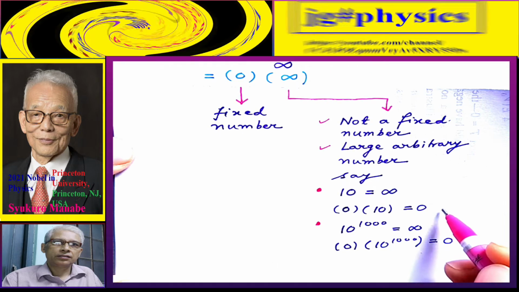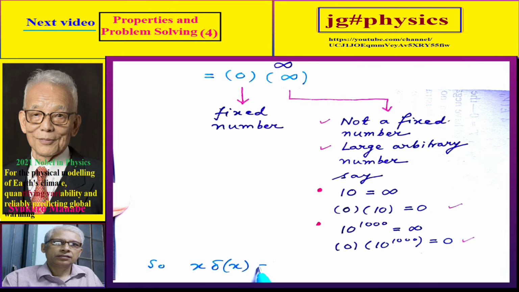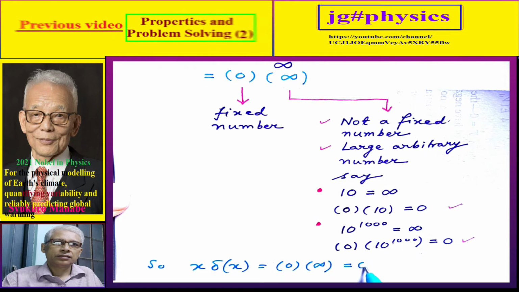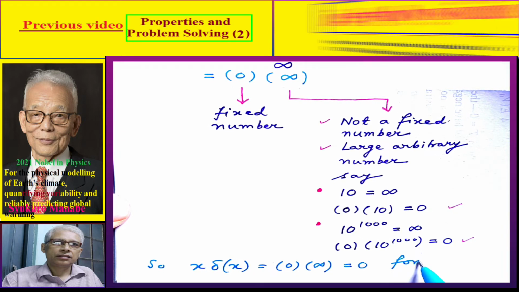So in both cases the product is 0, and therefore 0 into infinity is 0. So what we get is x delta x is 0 for x equal to 0 as wanted in the problem.